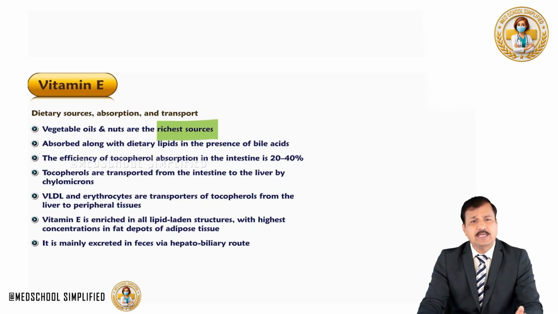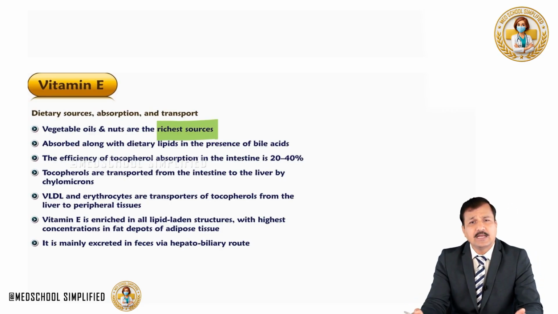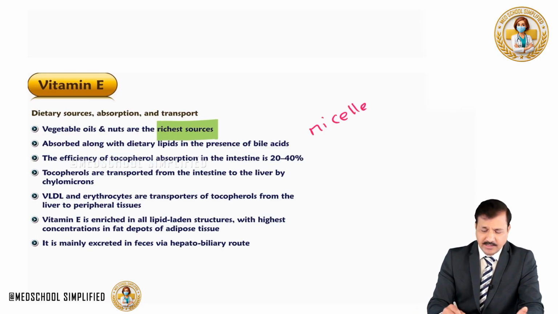Now, vitamin E, just like any other fat soluble vitamin, is absorbed along with the dietary lipids, which needs the presence of bile acids. That means vitamin E, like vitamins A, D and K and dietary lipids, needs micelle formation, and for forming micelles we need bile acids and the emulsification process.